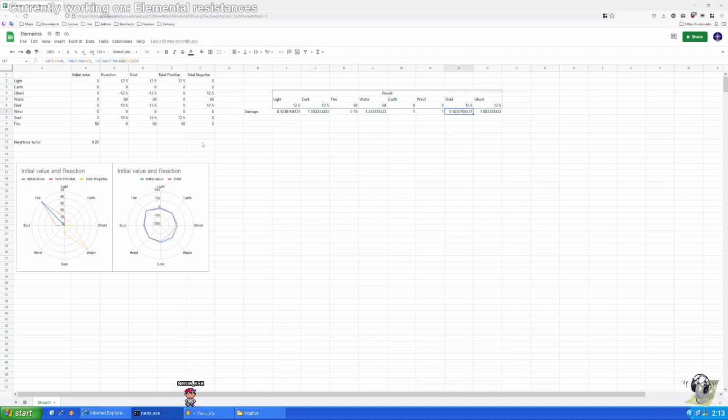So if I then attack those with soul, it's gonna be 92%. Ghost, it's gonna be plus 8%. So 108. Okay. If I attack them with wind, nothing changes. Earth, nothing changes. So fire and water. Okay.